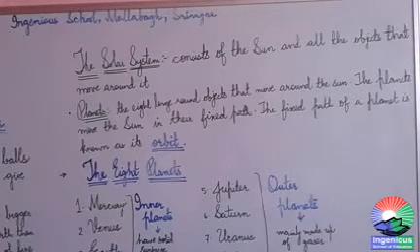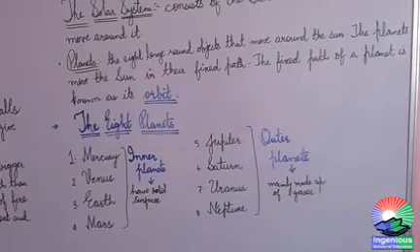Students, we have 8 planets in our solar system, isn't it? And these 8 planets are Mercury, Venus, Earth, Mars, Jupiter, Saturn, Uranus, Neptune.